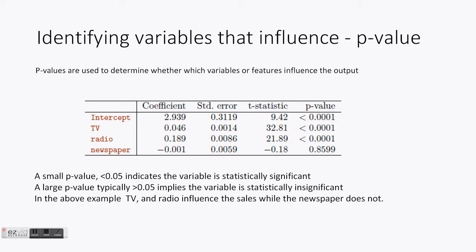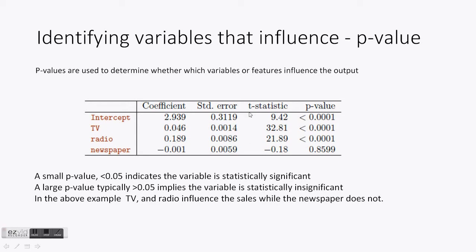In our current model, we have the TV, radio and newspaper as the 3 input variables, and you can assume that each of these is weighted slightly differently to give us the corresponding response or target variable. And these weightings are given by these coefficients here in this first column.